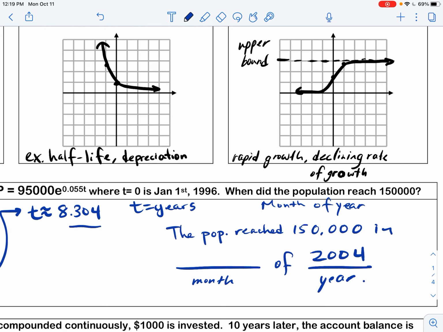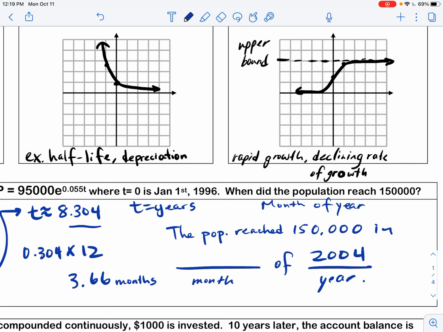Now what about the 0.304? Now this is 0.304 of a year. So since I want to figure out the months, I'm going to do 0.304 and multiply it by 12, and you should get something like 3.66, I think. Okay, think about this for a second.